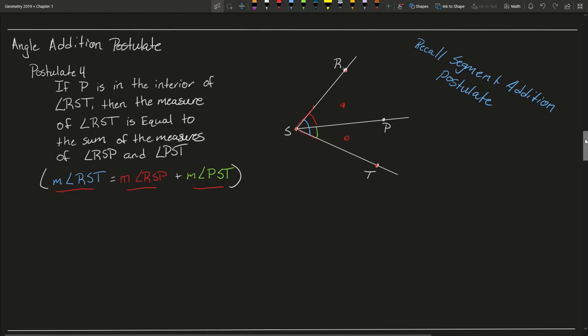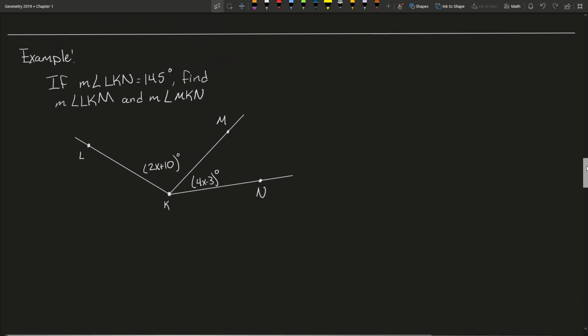So for example, if we have this figure and we know that the measure of the bigger angle, LKN, is 145 degrees, and we want to find the measure of angle LKM and the measure of MKN, we can do so by using this postulate.